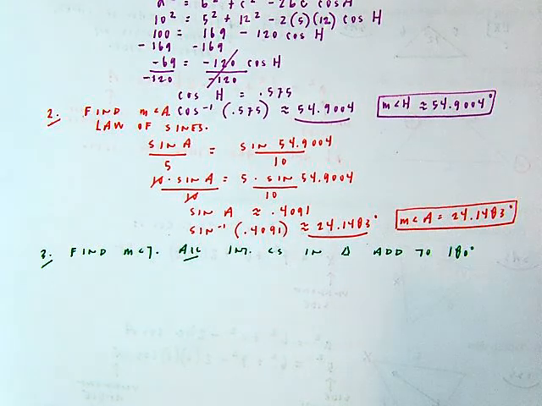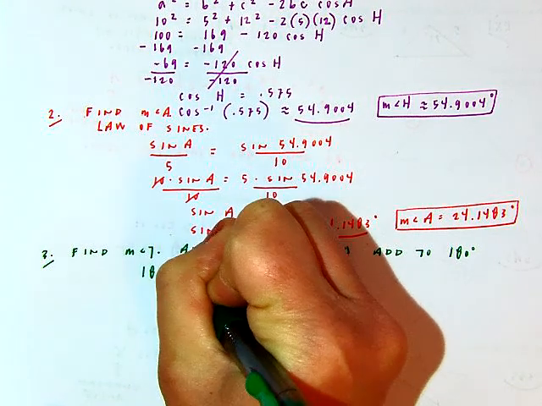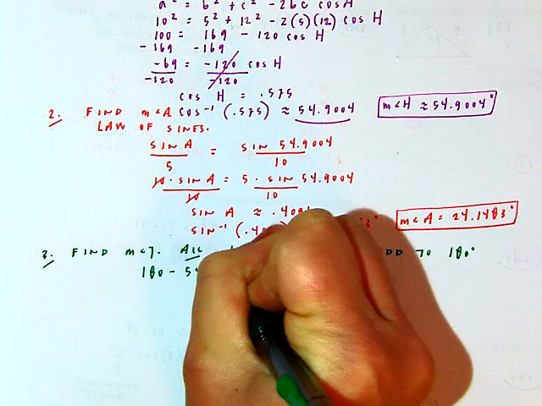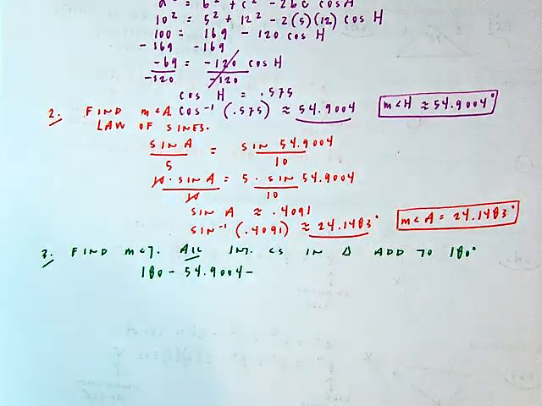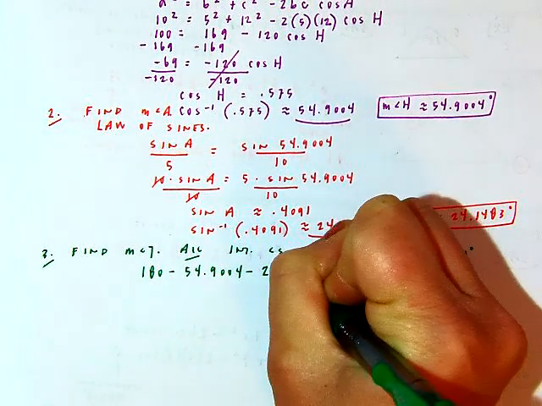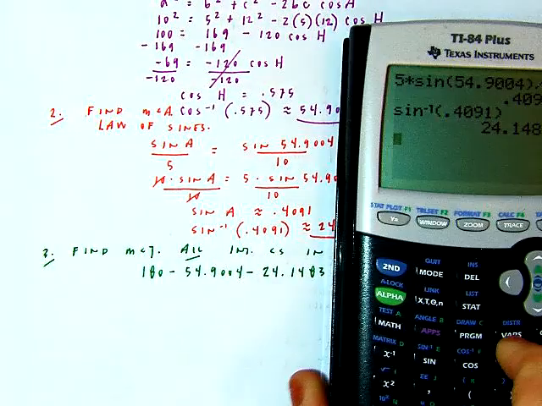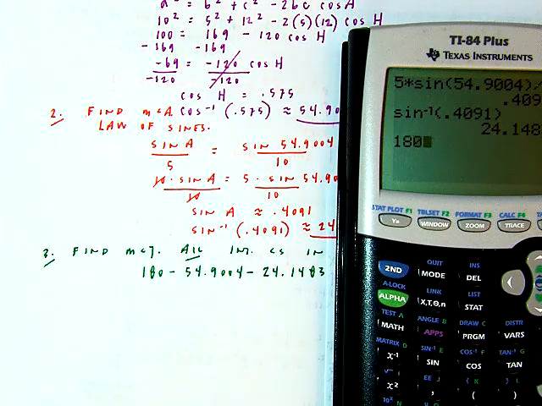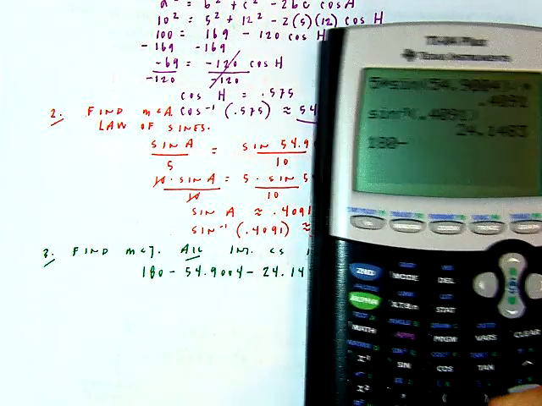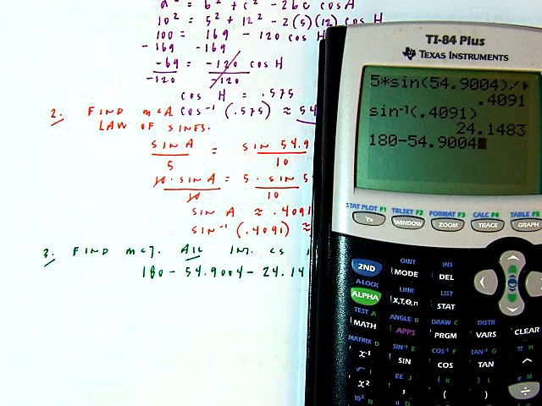So all I have to do here is, I can take 180 and I can subtract the 59.9004 and the 24.1483, and then I'm left with my answer. All right, here we go. So 180, okay, take away the 54.9004 and the 24.1483.